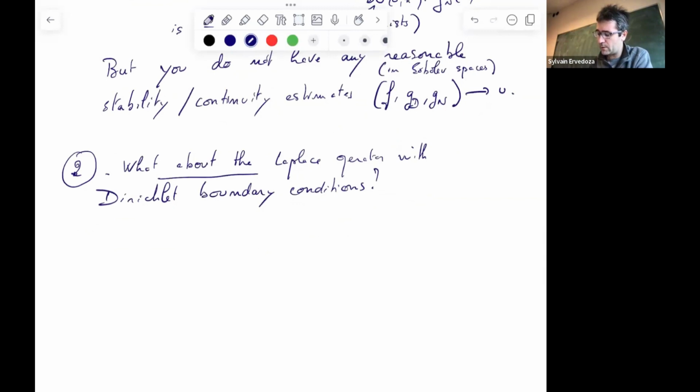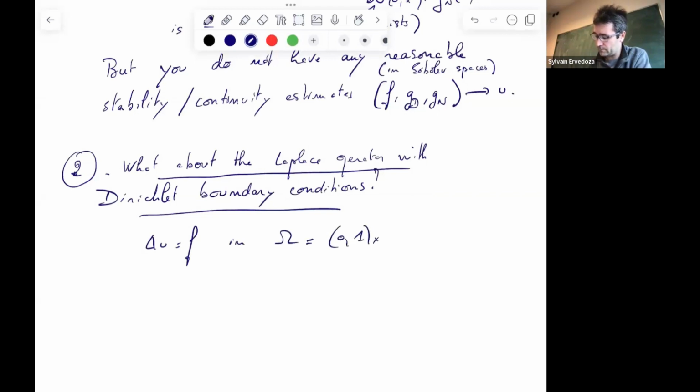So here I again have Laplacian u equal to f in omega, which is still the strip.